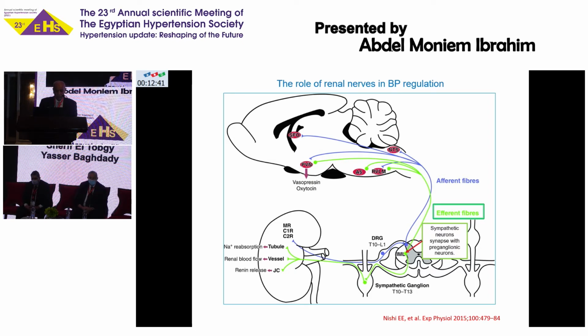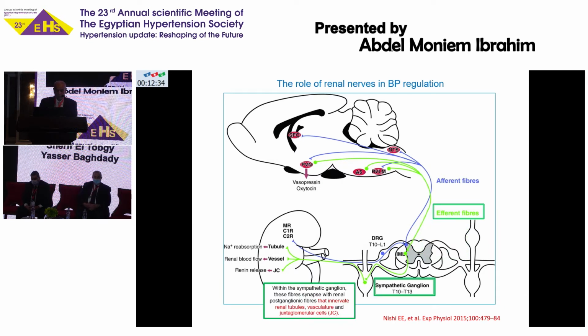These sympathetic neurons synapse with the preganglionic neurons, and within the sympathetic ganglion, these fibers synapse with renal postganglionic fibers that innervate renal tubules responsible for sodium reabsorption and vasculature that regulate renal blood flow.